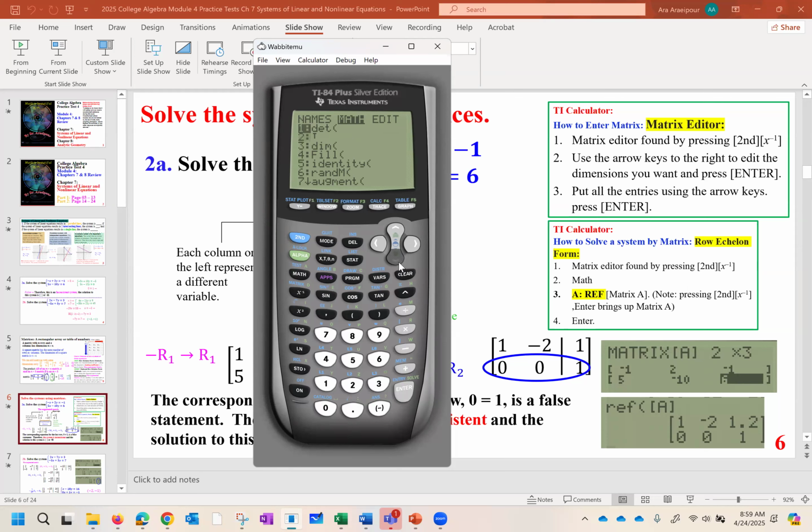We're going to bring it down to REF. And second, x negative 1, matrix A. Close parentheses. And it gives us exactly what you see here.